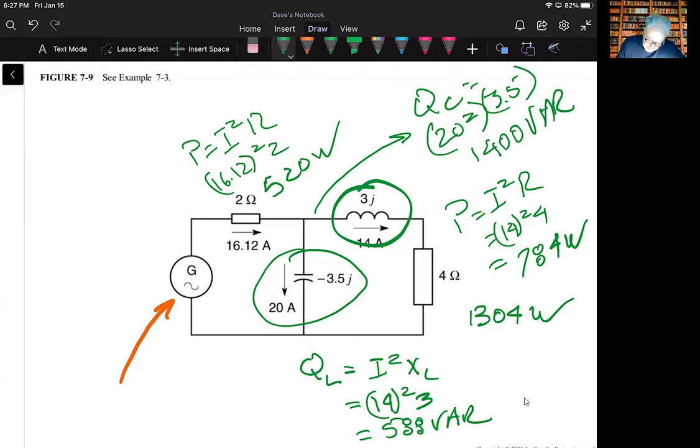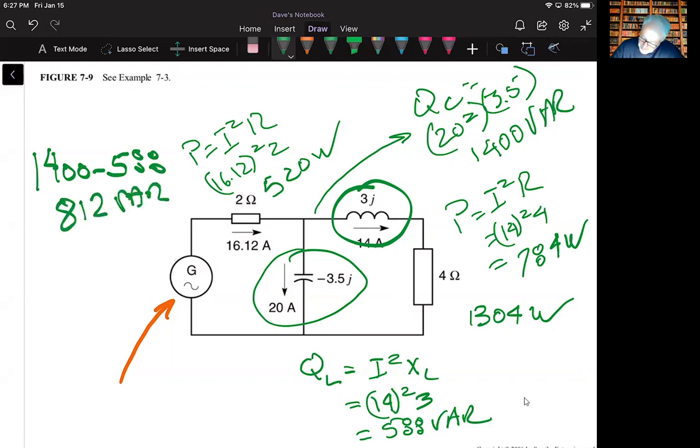And so the total RLC circuit generates a net reactive power of 1,400 var minus 588 var, and that equals 812 var.